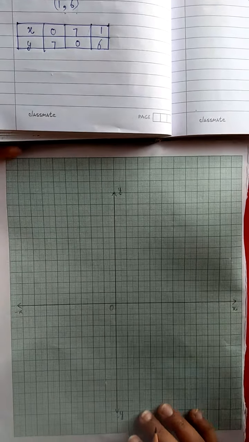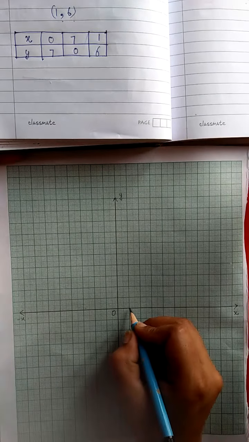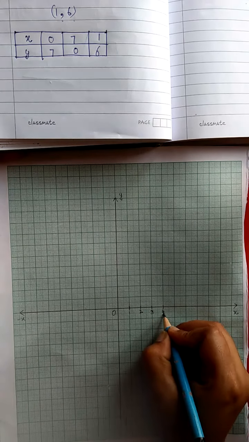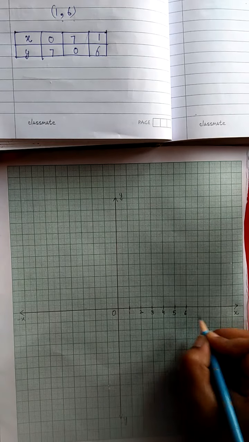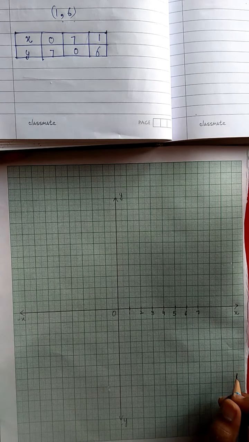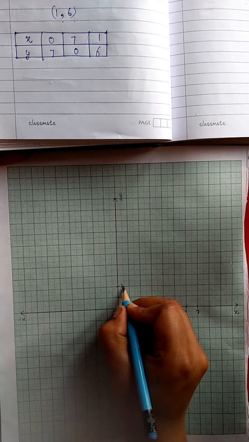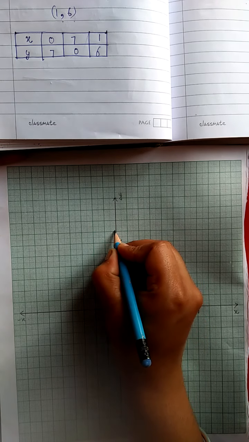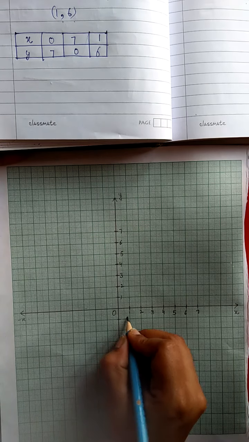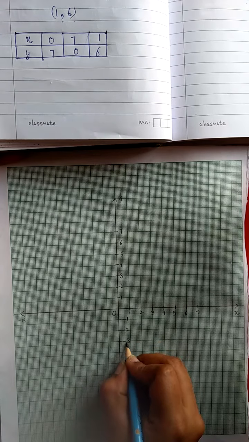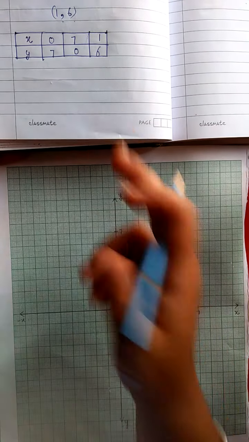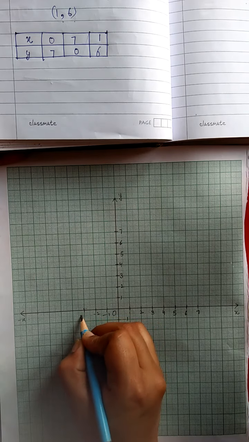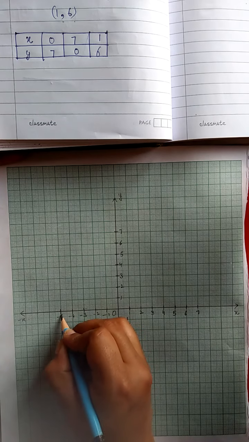Now mark points 1, 2, 3, 4, 5, 6, 7 up to 7. Similarly 1, 2, 3, 4, 5, 6, 7. Similarly on this side -1, -2, -3, -4 is sufficient, because we have no negative values, so this much is sufficient. Similarly -1, -2, -3, -4, -5 and so on.